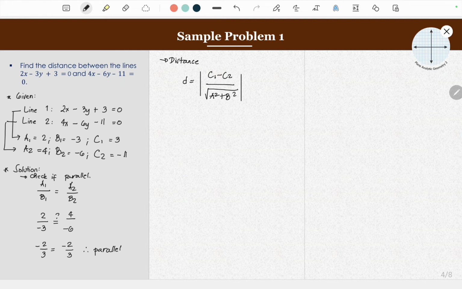Before using this formula, the two lines must have the same A and the same B. So in order to do this, let us divide equation 2 by 2.